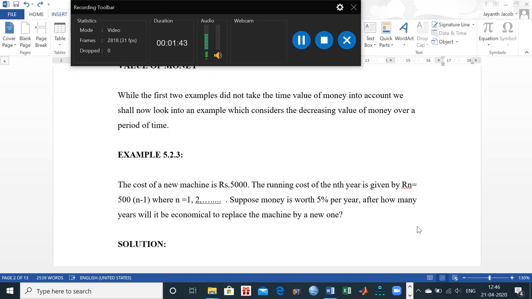It's typically the price that you pay for borrowing a capital. So in that sense, I think calling it the rate of interest may carry a little more meaning.